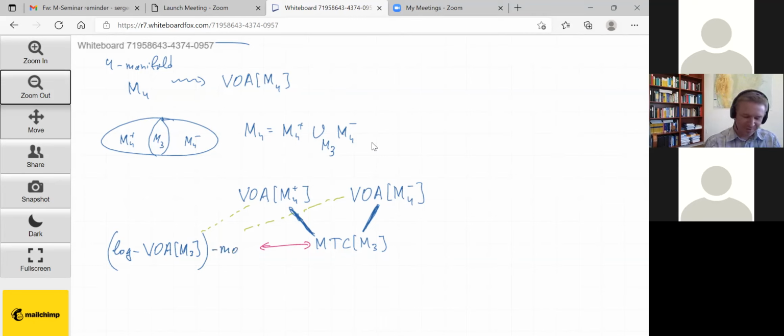So we will consider the category of its modules, but it has a structure which is very close to an MTC. And it's also going to be huge, very, very big. But this MTC of M3 sits here, first of all, and it seems that it's related to the semi-simplification of this category on the left.